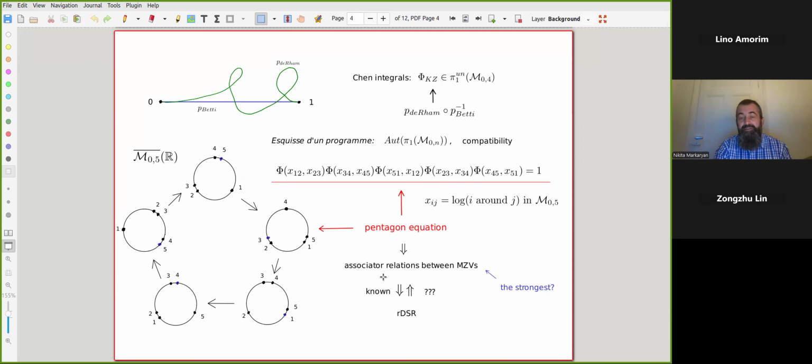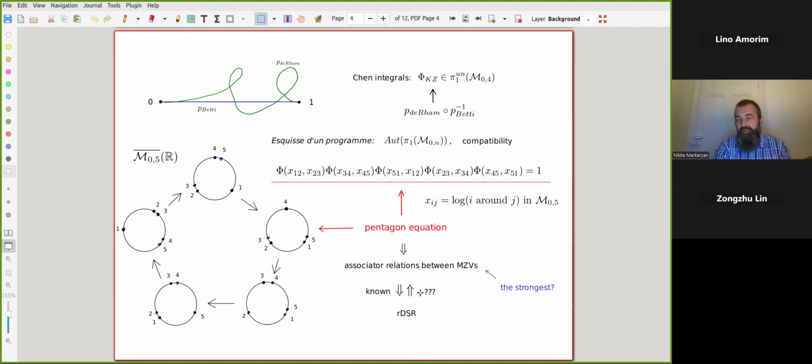Yeah. Anyway, if the conjecture of Ihara, Kaneko, Zagier is true, then they should be equivalent, and it should imply this direction. But it's not absolutely clear. This direction is more or less clear, and it's proved, but this direction is not.